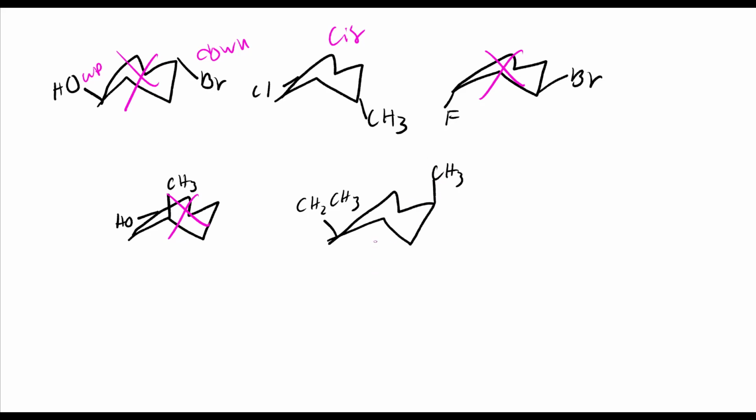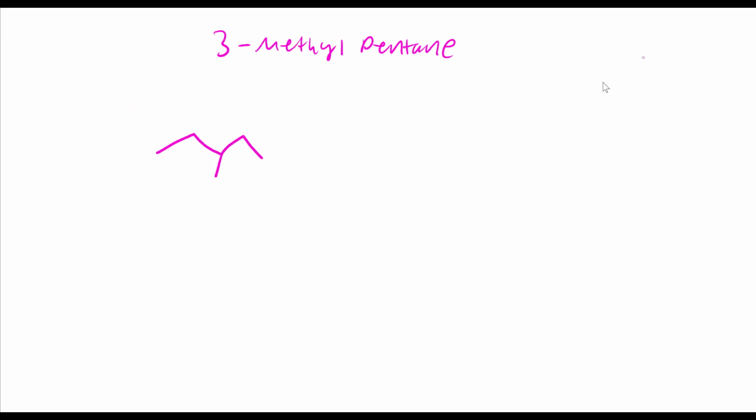I'd rather have them on the equatorial position, but that question is not being asked. However, we're being asked for cis, so this is cis. They're both going upwards, or they're both going downwards, you see? So it would be answer choice B, 2 and 5.